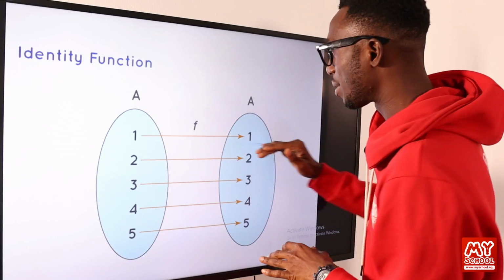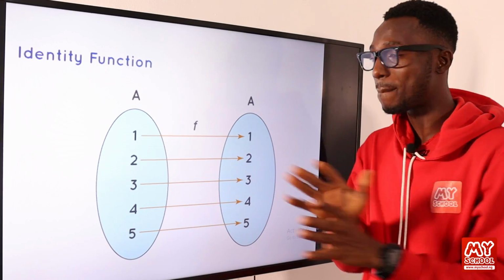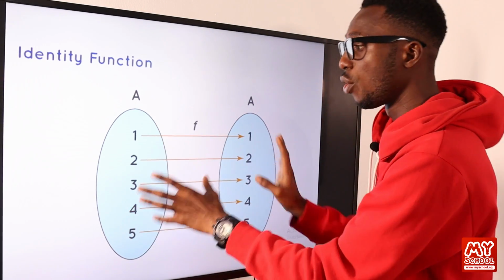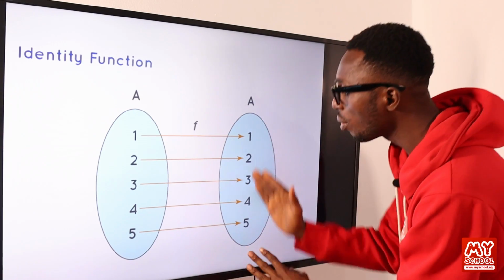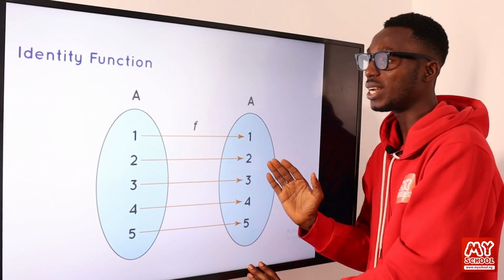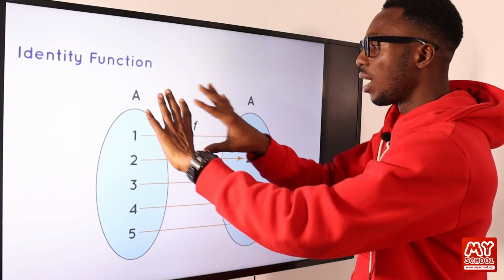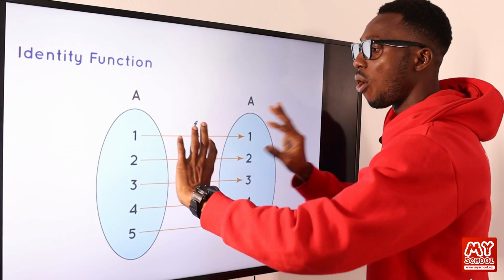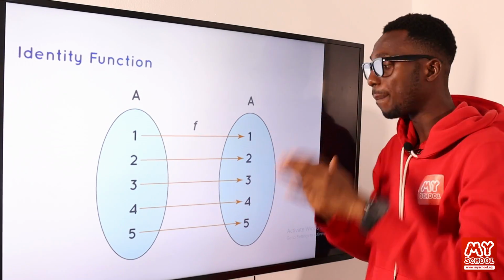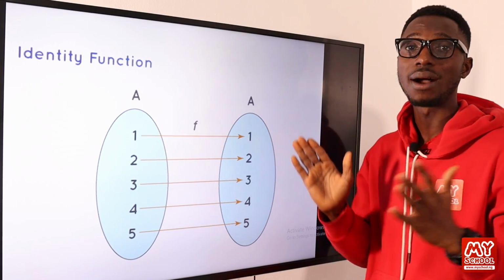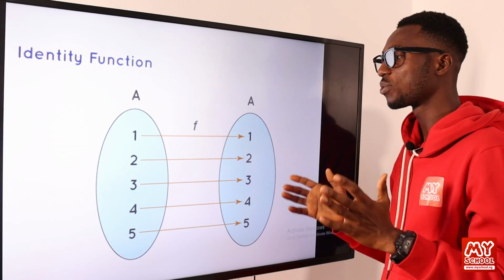So right here we have one-to-one mapping for the identity function. We also have onto mapping because all of the images we have here are products of at least an input. So for an identity function, one-to-one mapping is happening, onto mapping is also happening, and all of the range is functional. So let's move on to the next slide.